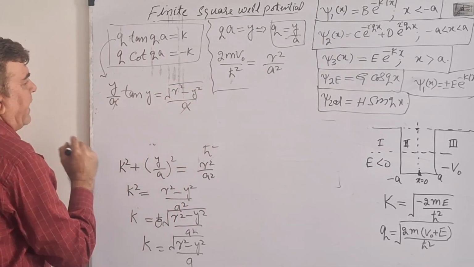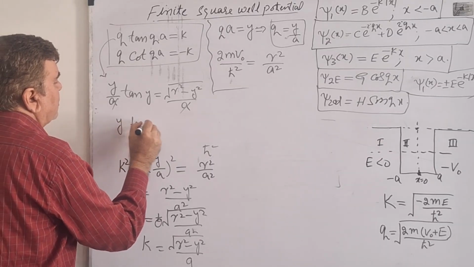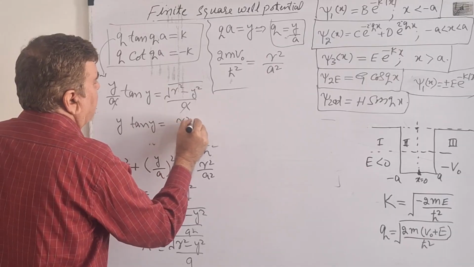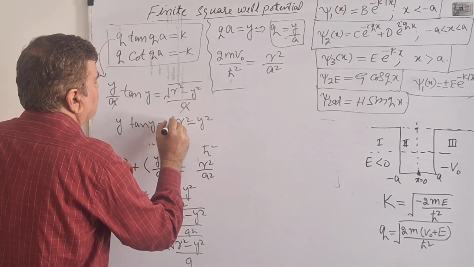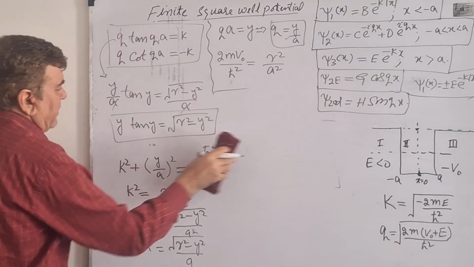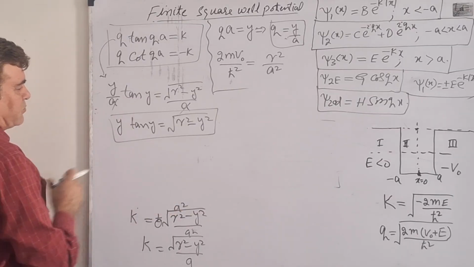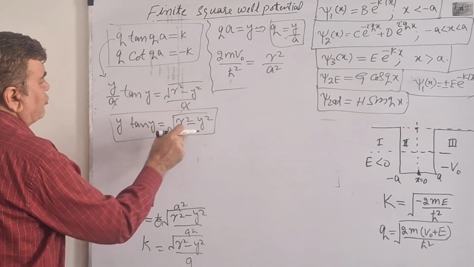I cancel a, so I write y tangent y equals the square root of r squared minus y squared. This is the equation describing the behavior of the eigenspectrum in terms of this dimensionless constant.